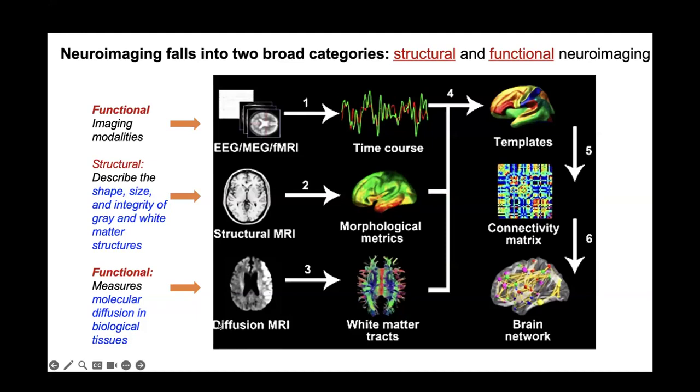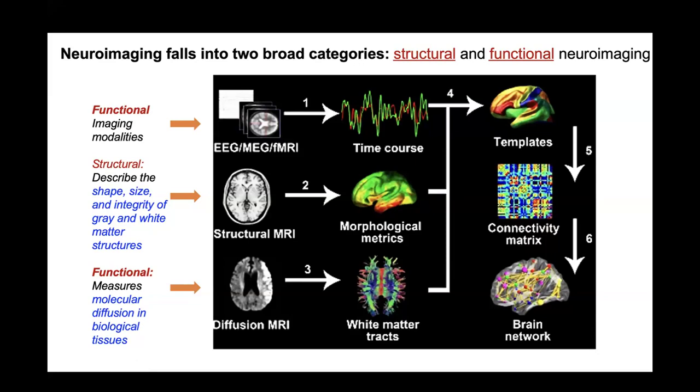Based on both structural and functional neural imaging, we can build the brain network, which we call the brain connectome, based on the collected data. But we need to use a brain atlas, also called brain templates, which has predefined brain regions.